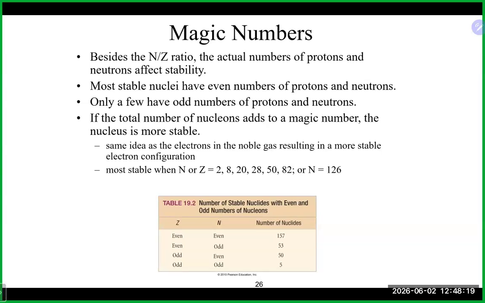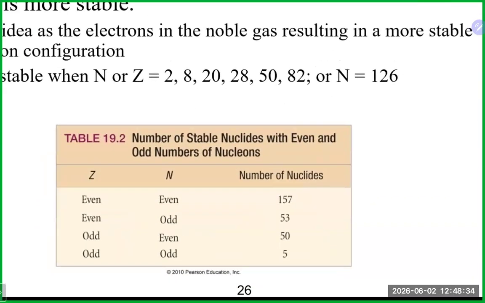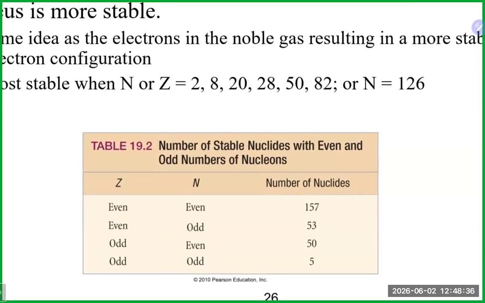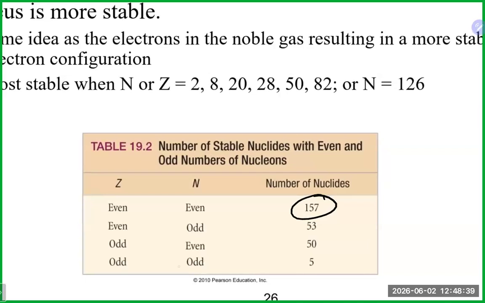Now, that's one way to look at stability. There are a couple other things that sometimes people look at. In addition to the N to Z ratio, a lot of times we find the most stable nuclei when we have even numbers of protons and neutrons. If you take a look at this table, we have 157 stable nuclei when you have even and even in terms of protons and neutrons.